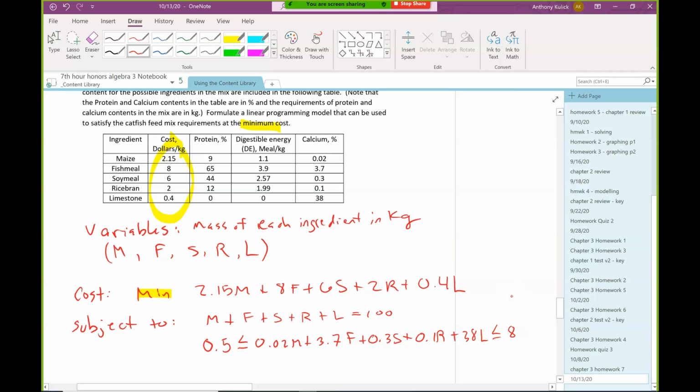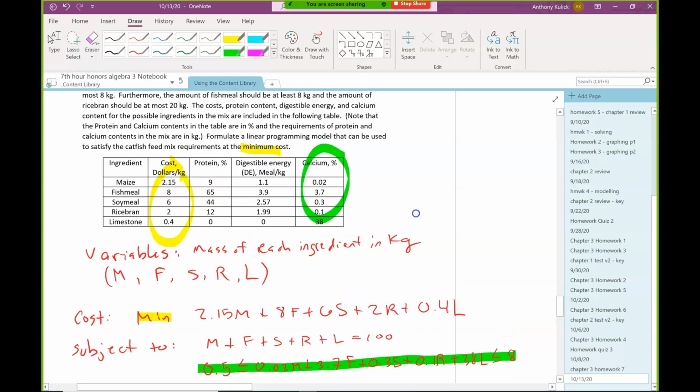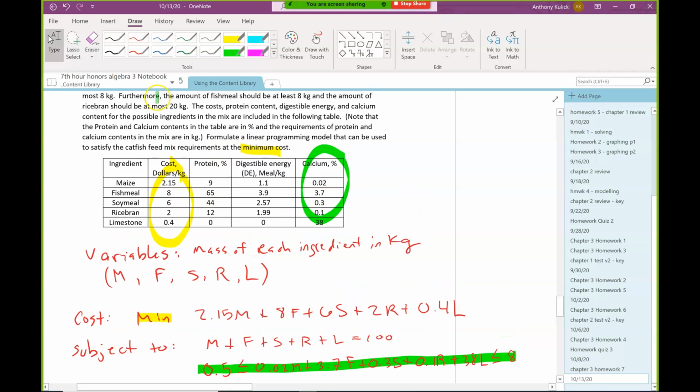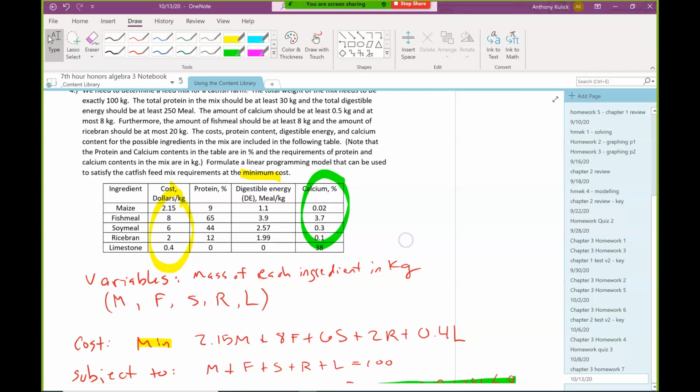Good. And again, where did he get those coefficients from? Just use the calcium list there, right? Okay.